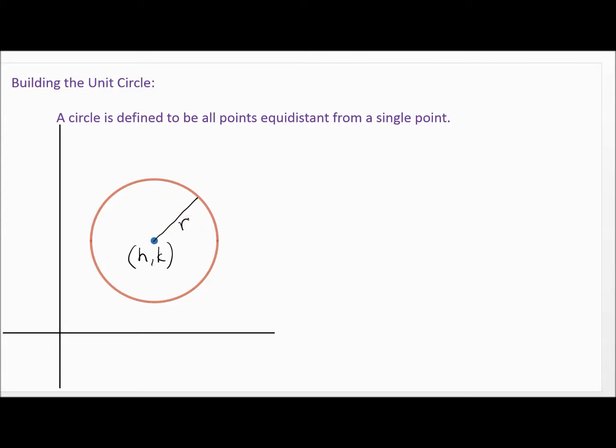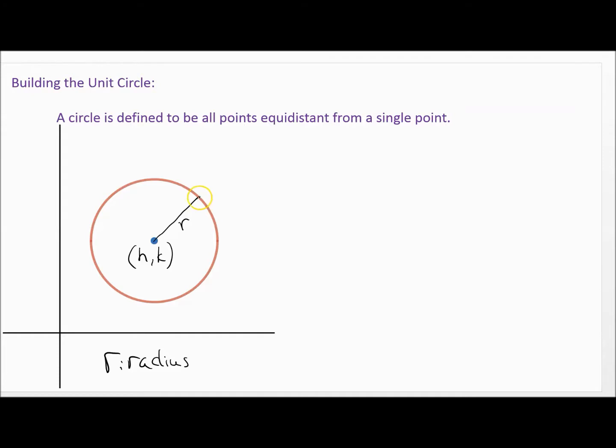Why do we call it r? r stands for radius, because the radius is the distance from the center of a circle to any point on the circle. Now you say, what does that have to do with the distance formula? Well, how many times have I said distance already showing you this circle? It has everything to do with the distance formula.